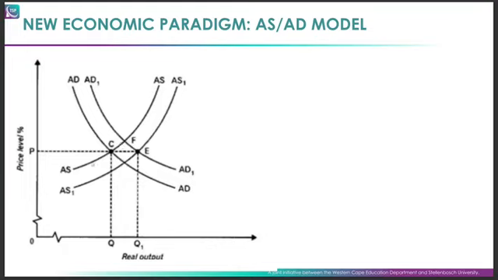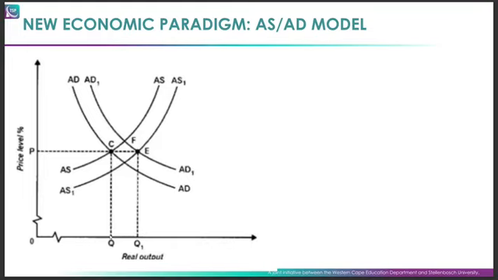So therefore, if supply stays constant and is not stimulated, all you're doing is feeding inflation once again. But if you also stimulate supply, so that your supply is displaced to the right once again, from AS to AS1, what do we find? Your new equilibrium is here at point E, where AD1 intersects with AS1. So what has happened is you've managed to increase the level of the quantity that's being demanded.